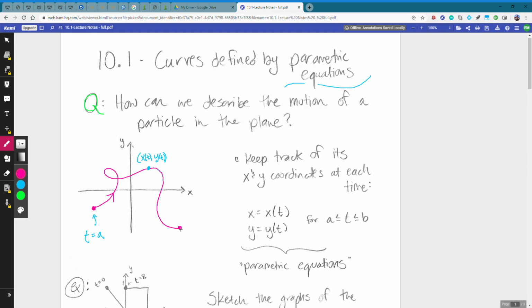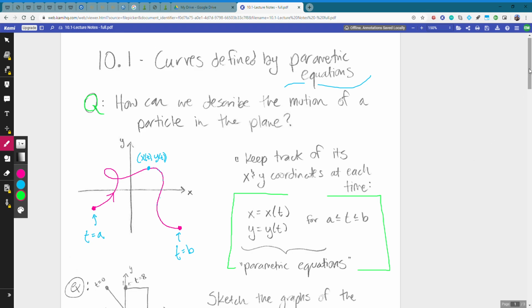And over here, we stop at this point that we get when t equals b. And it's these equations together with this range of t that we call parametric equations.